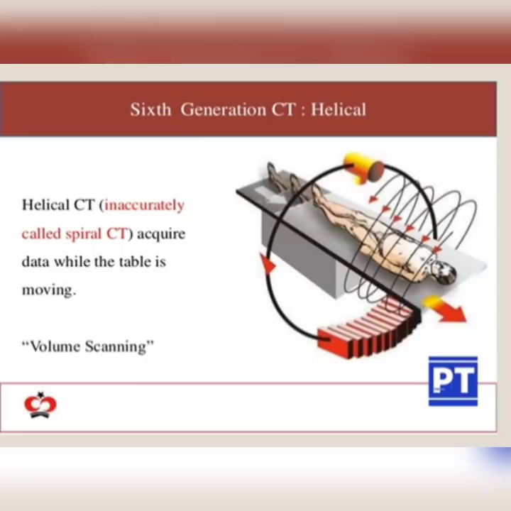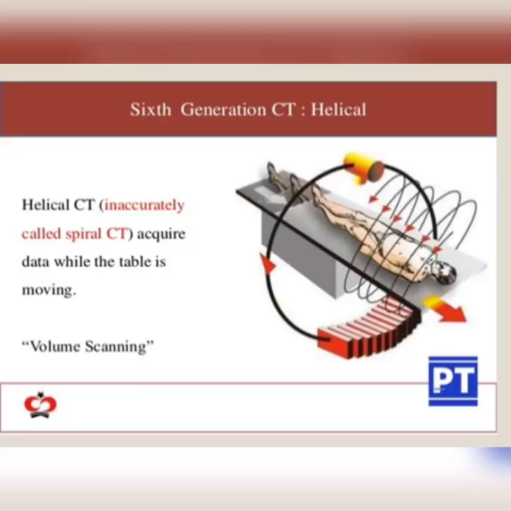You can see a yellow color, that is the X-ray tube, and the red color is seen as the detectors. There is continuous rotation of the X-ray tube and the detector around the patient, and the table is moving along with it. So continuous rotation of the tube detector system along with the table movement is happening in helical CT.